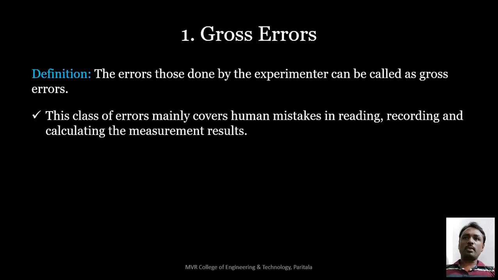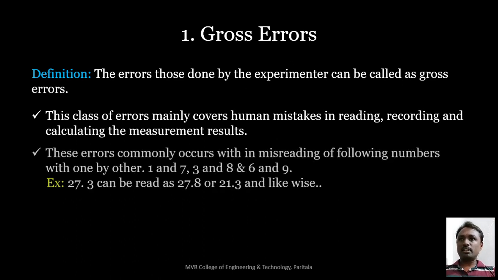This class of errors mainly occurs from human mistakes in reading, recording and calculating the measuring results. In a hurry, many times in reading we can jumble or replace the words, while recording and calculating we can make mistakes in formulas. Likewise these errors can occur, and this type of error is called gross error.